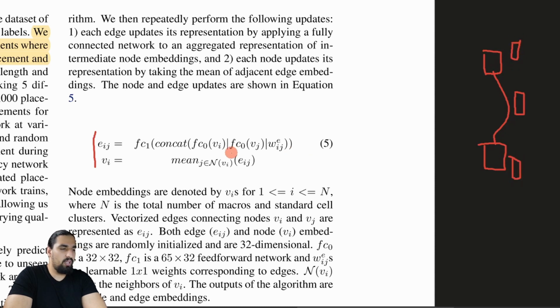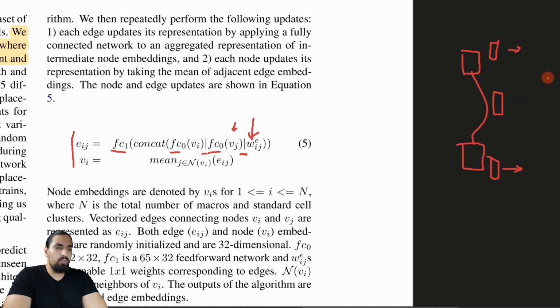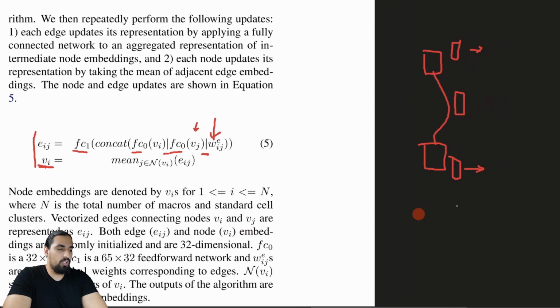So they process these vectors using a simple fully connected layer, then they concatenate those and feed it through another fully connected layer. I'm not quite sure what this part means here, because it doesn't make sense to concatenate the learnable weights with the output here. But basically, you somehow combine them.